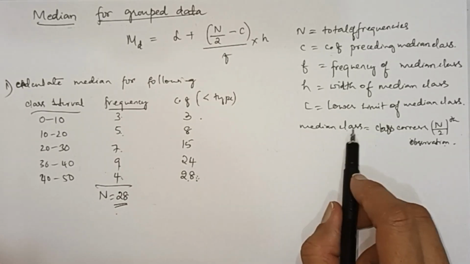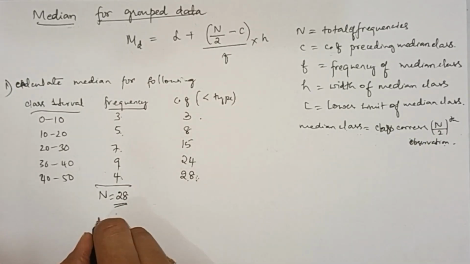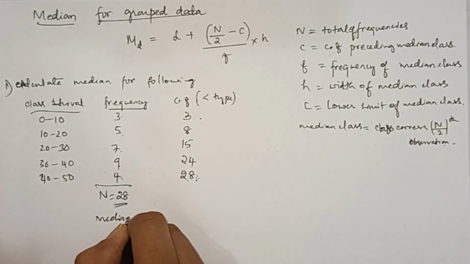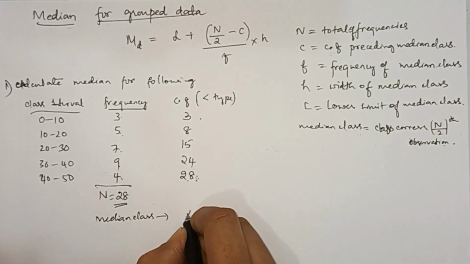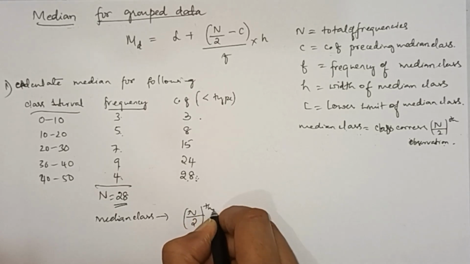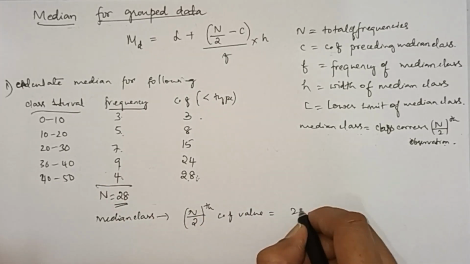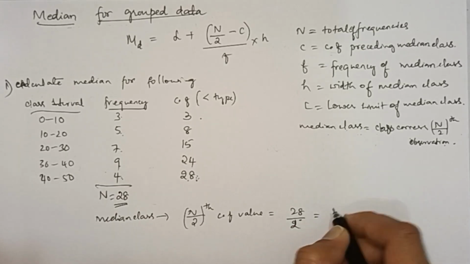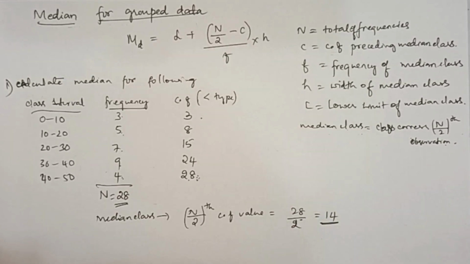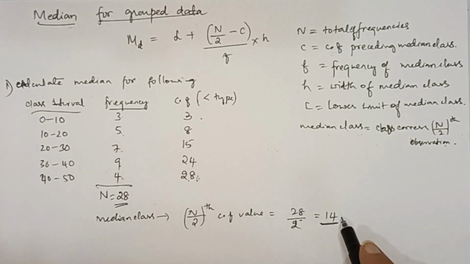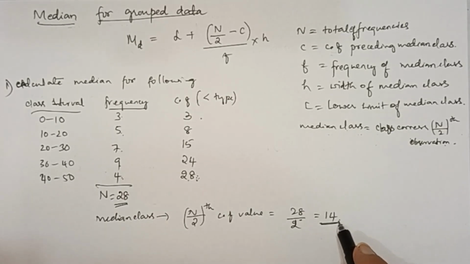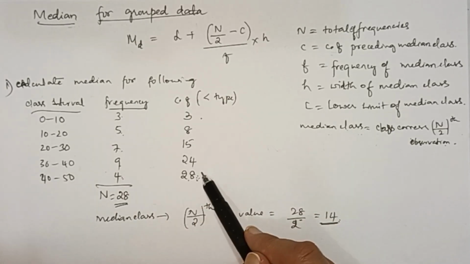Now you have to first find the median class. So to find the median class, you need the n by 2th cumulative frequency value, which is equal to 28 by 2, which is equal to 14. So check where 14 comes in the cumulative frequency column.